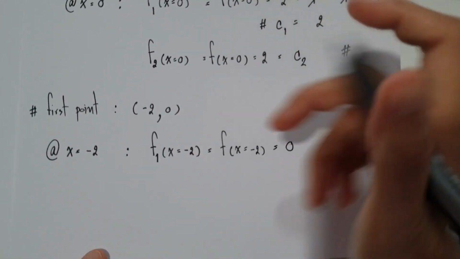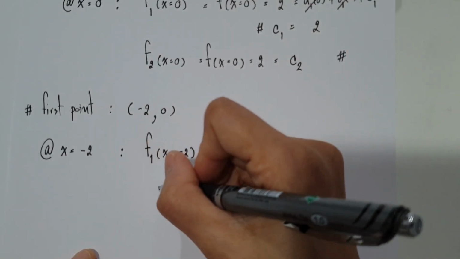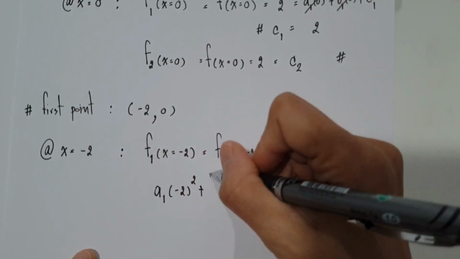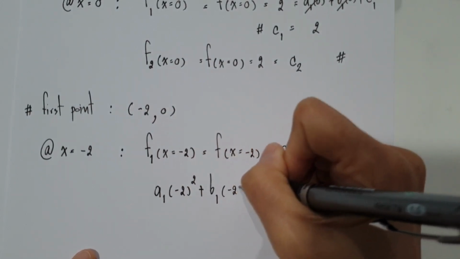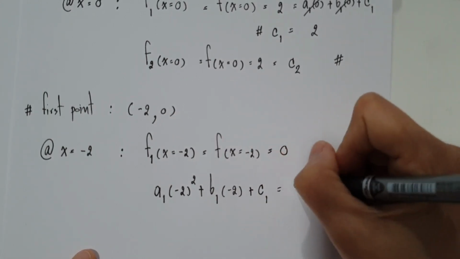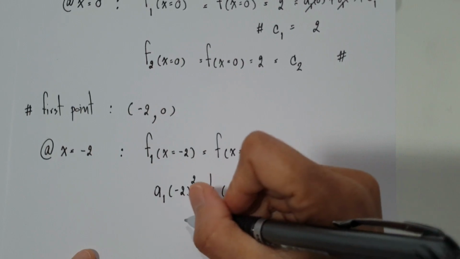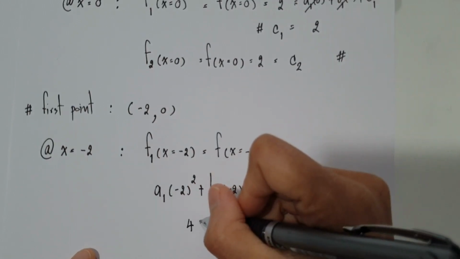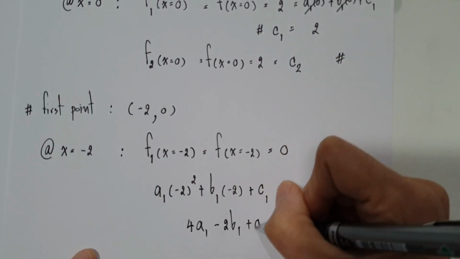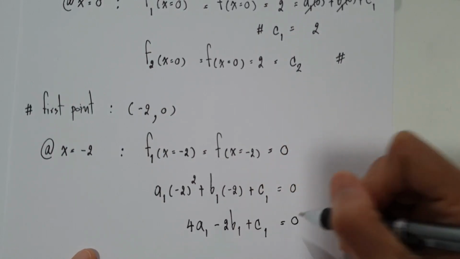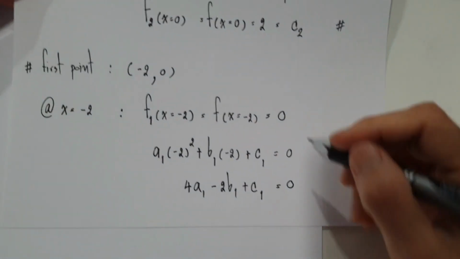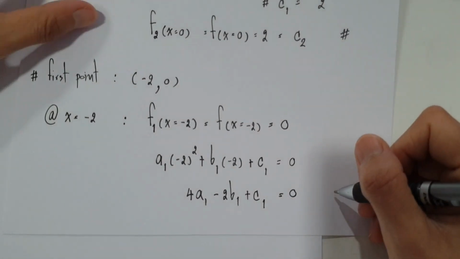So from here, you get a1 times (-2) squared plus b1 times (-2) plus c1 equal to 0, or it is 4a1 minus 2b1 plus c1 equal to 0. Okay, this is the third equation.